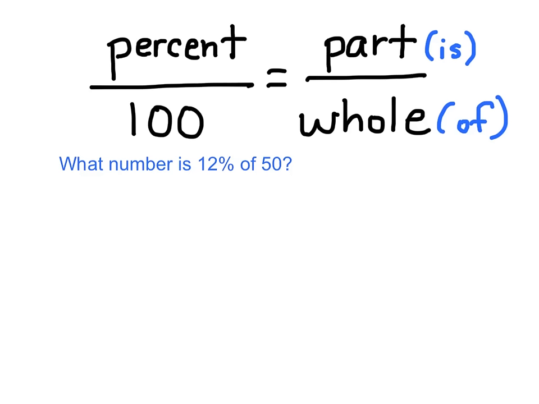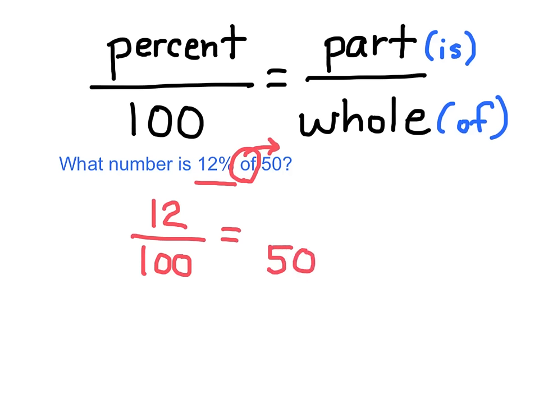Welcome back from pausing the video. In my question, I noticed that the percent is 12%. Therefore, 12 will go over 100. The keyword is of, and 50 comes after that, so that is going to be the whole amount. Therefore, x is going to go over 50.